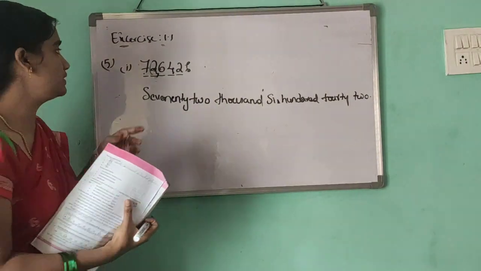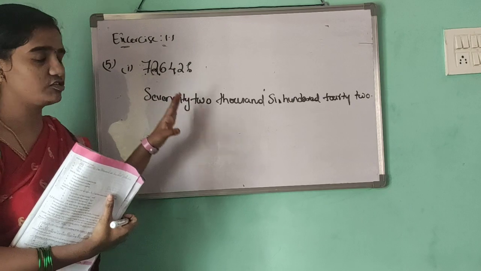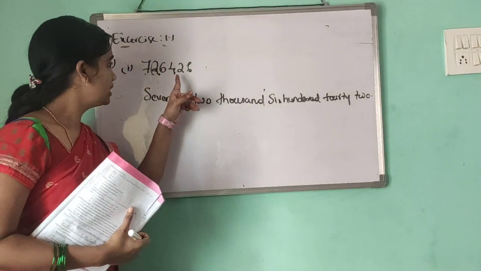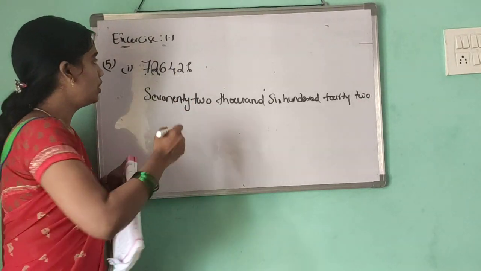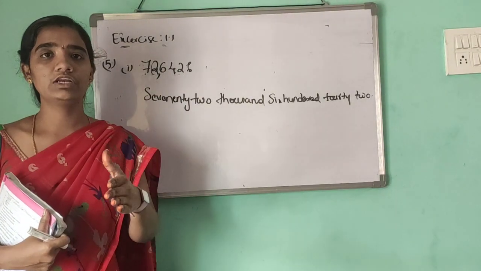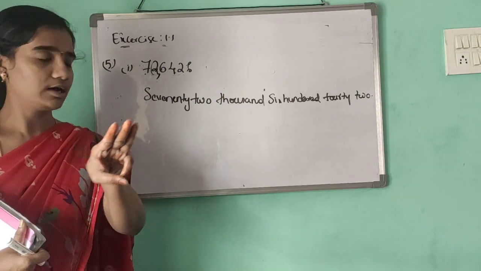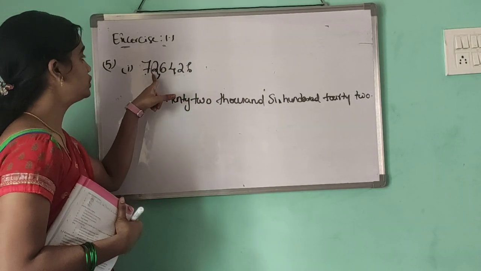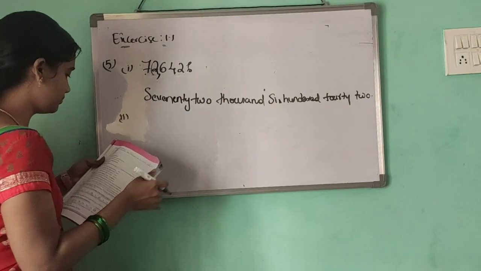In this, first you have to check how many digits are given. First you have to identify ones, tens, 100, 1,000, 10,000. Okay, you have to put the comma here. Why? Because in Indian numeration, the first comma starts after the first 3 digits from the right side. So you have to put the comma here: 72,642.